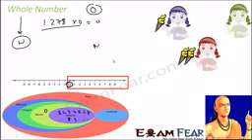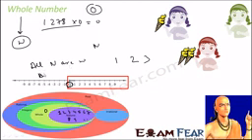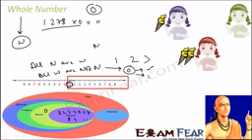You take any natural number, you take 1, is it a whole number? Yes. You take 2, is it a whole number? Yes. 3, whole number? Yes. So all natural numbers are whole numbers, but all whole numbers are not natural numbers. And the only example is 0. 0, is it a whole number? Yes. 0, is it a natural number? No.